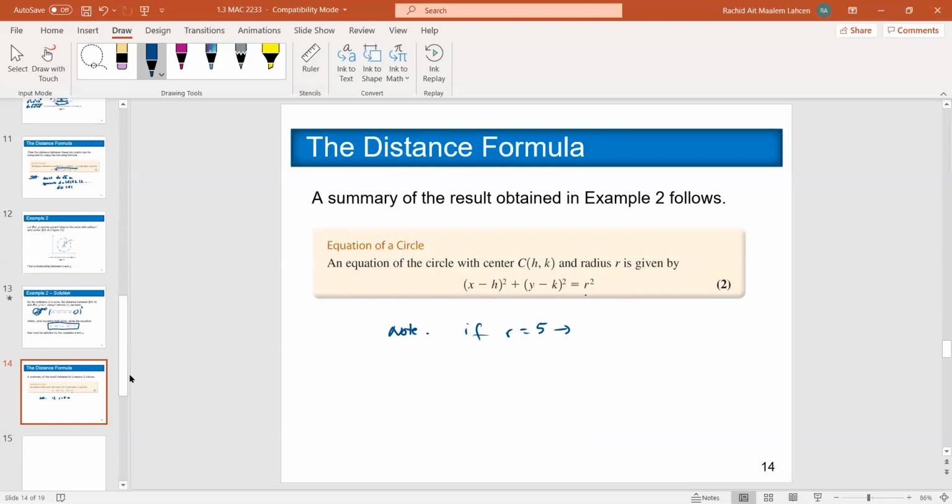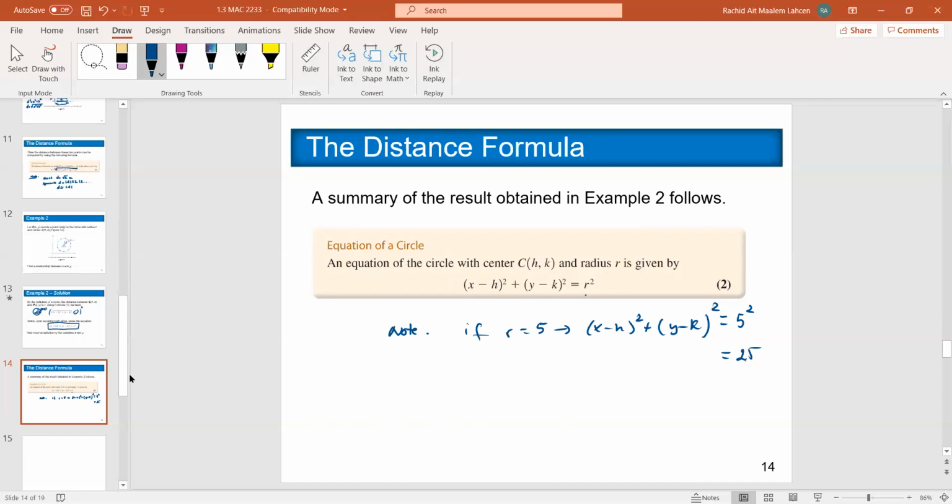If r equals 5, then (x minus h) squared plus (y minus k) squared equals 5 squared, or 25. So if you see 25, r is 5.